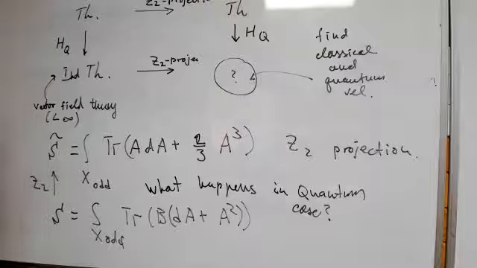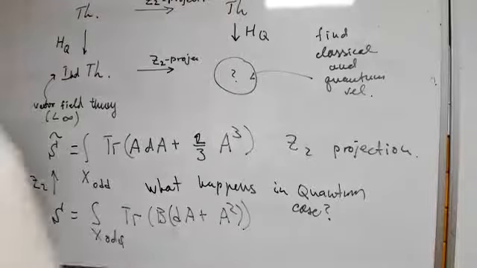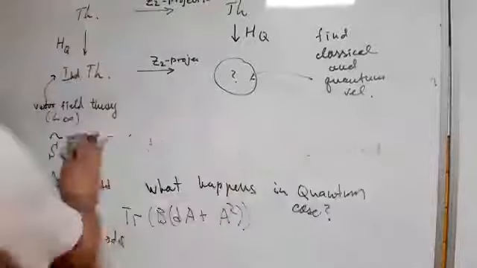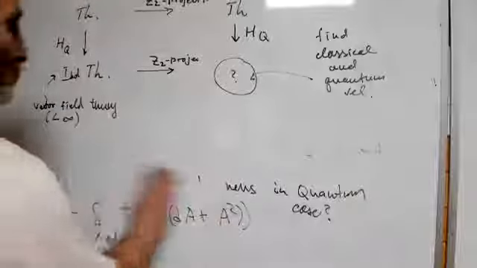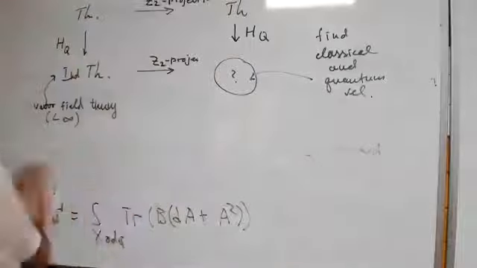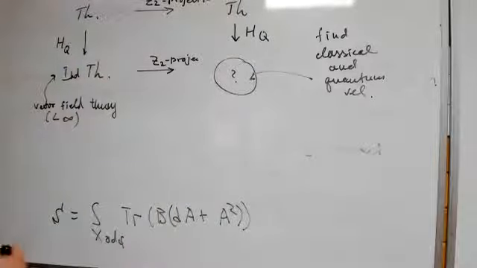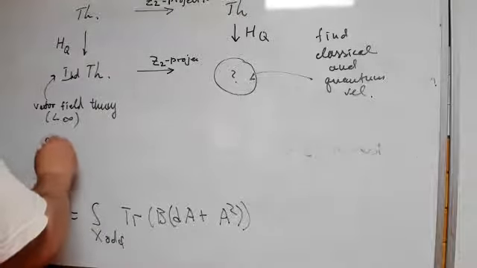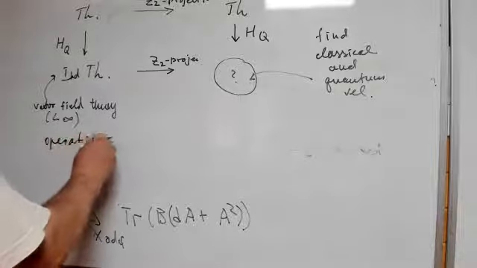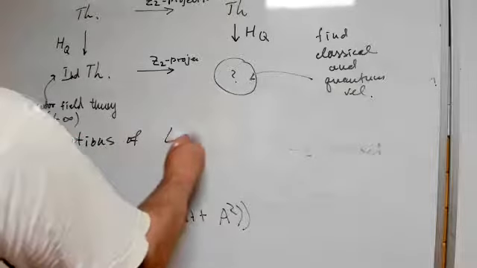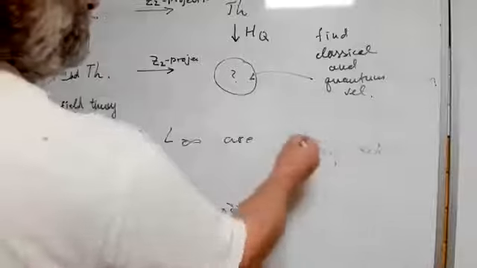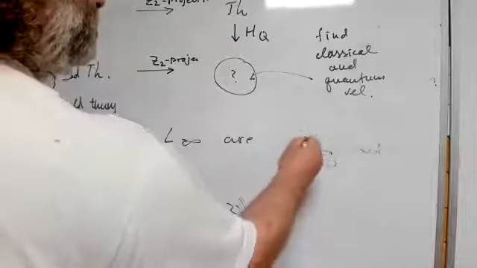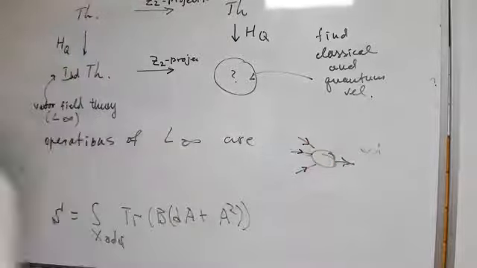cyclic structure. Okay, so people call it cyclic structure because of the following reason. Operations of L infinity are many inputs, one output.